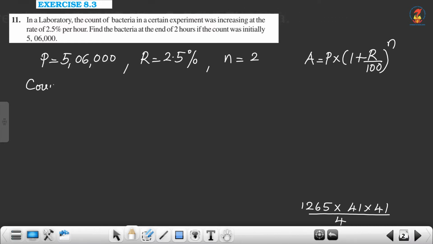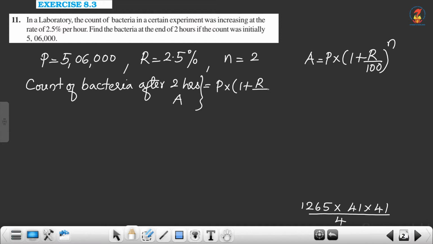Therefore, count of bacteria after 2 hours equal to A, which is equal to P into 1 plus R by 100 whole raised to n. Now we can substitute here 5,06,000 into 1 plus 2.5 by 100 whole raised to 2.